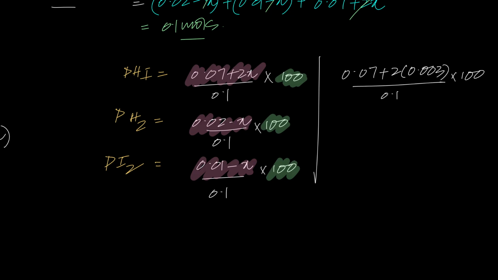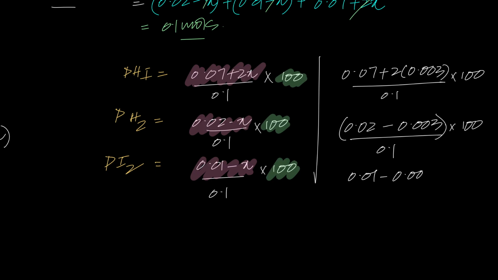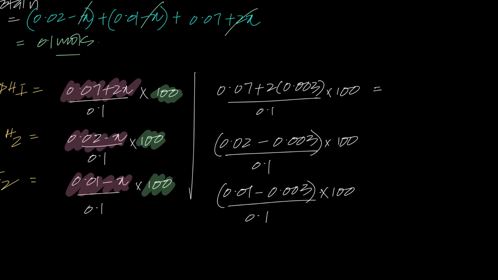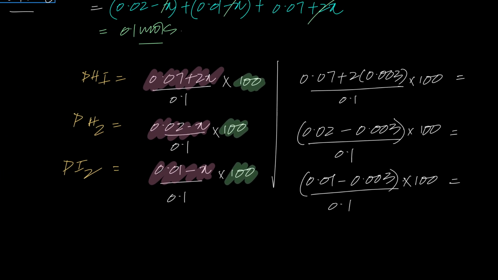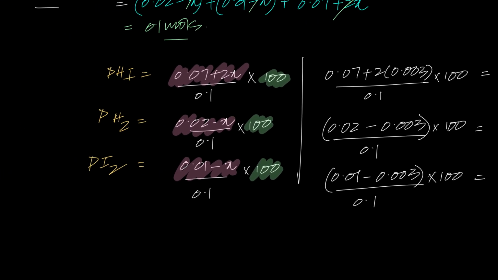This is the partial pressure. 0.02 minus 0.003 divided by 0.1 times 100. 0.01 minus 0.003 divided by 0.1 times 100. And this is how you end up with partial pressures. Done. This would be partial pressure at equilibrium.